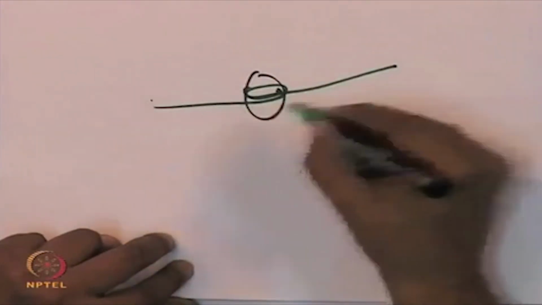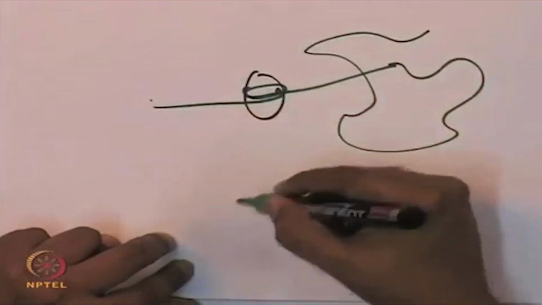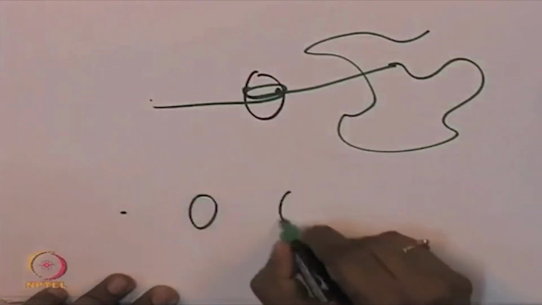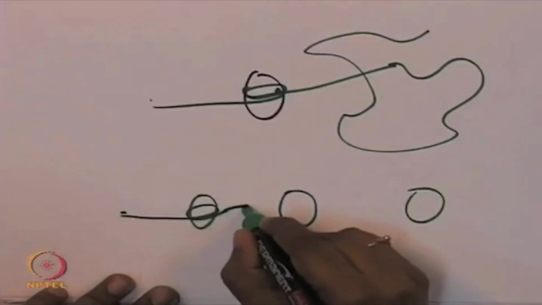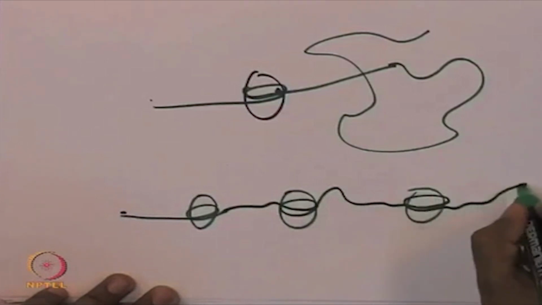This DNA has various shapes. There could be many histone proteins, with the DNA wrapped around this and this and this.